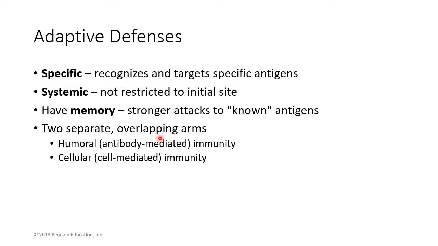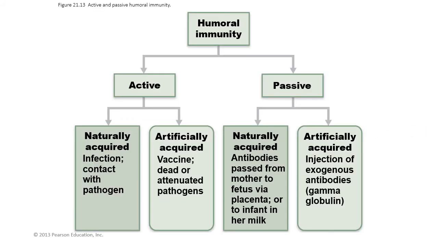Now, there are two separate overlapping arms of this adaptive immune system. One is called humoral, antibody-mediated immunity, and that is put into place by your B lymphocytes. Cellular, or cell-mediated immunity, is the job of the T lymphocytes. So we have two different populations of cells involved.